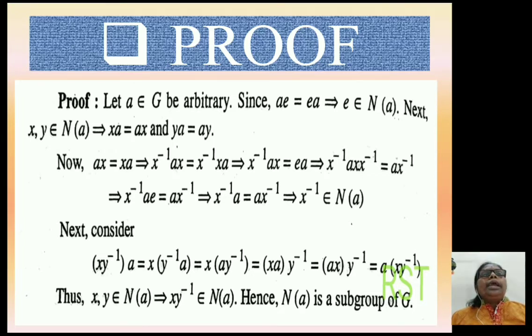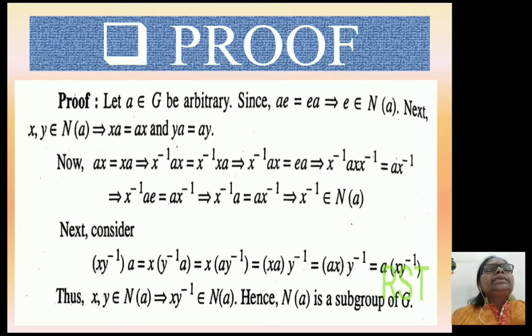Now ax equals xa. Multiplying both sides on the left by x inverse, we get x inverse ax equals x inverse xa. That means multiplying the equation ax equals xa on both sides by x inverse on the left, we get this term.